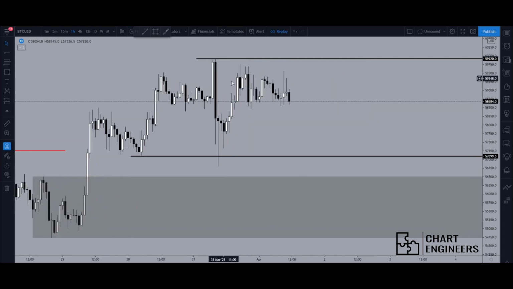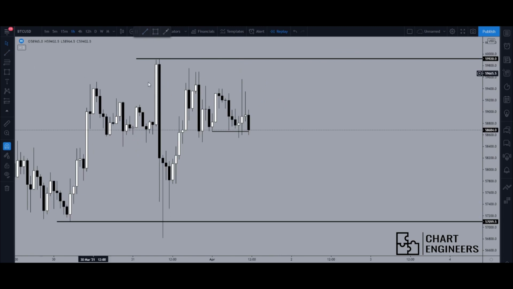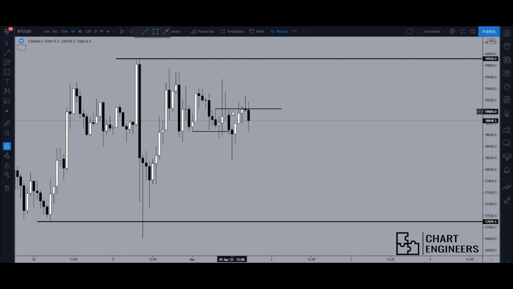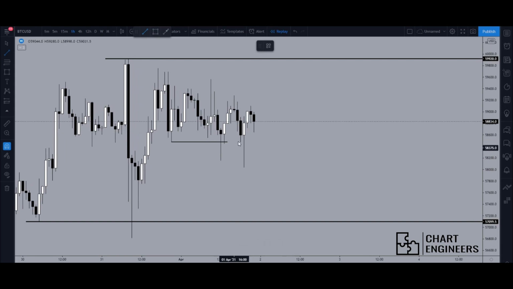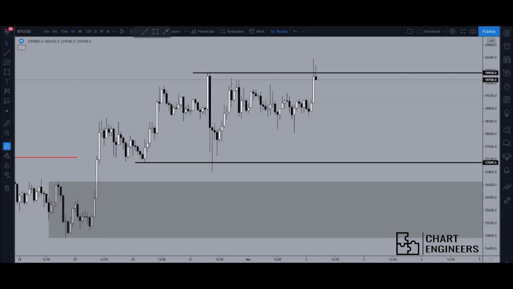As we see, swept the highs, and now we've also swept some lows, but here no MSB, so we'll just keep playing. Okay, swept a new low here, and then our new high is going to be up here. If we just continue playing, literally nothing, price just keeps consolidating. So in the meantime, we're just going to sit out and wait.